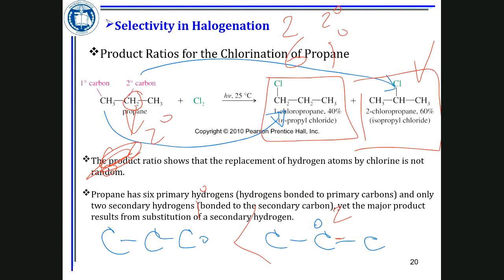These hydrogens are primary, the CH3, and these hydrogens are primary. We have six primary hydrogens.